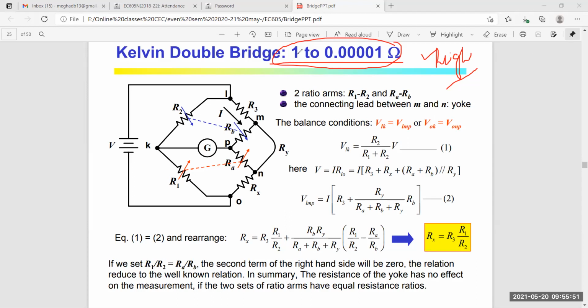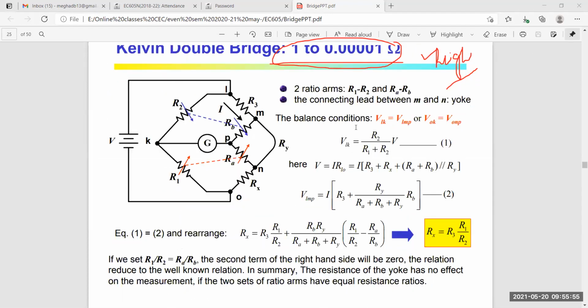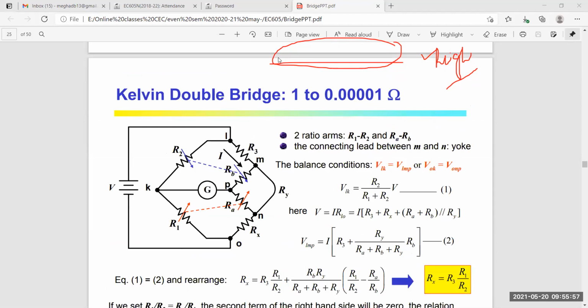So let us follow that particular diagram. Let me share my whiteboard with you all. I think my whiteboard is visible. So we need to construct a Kelvin bridge just similar to that of the Wheatstone bridge, but the only difference will be that it will consist of two more arms, small p and small q.